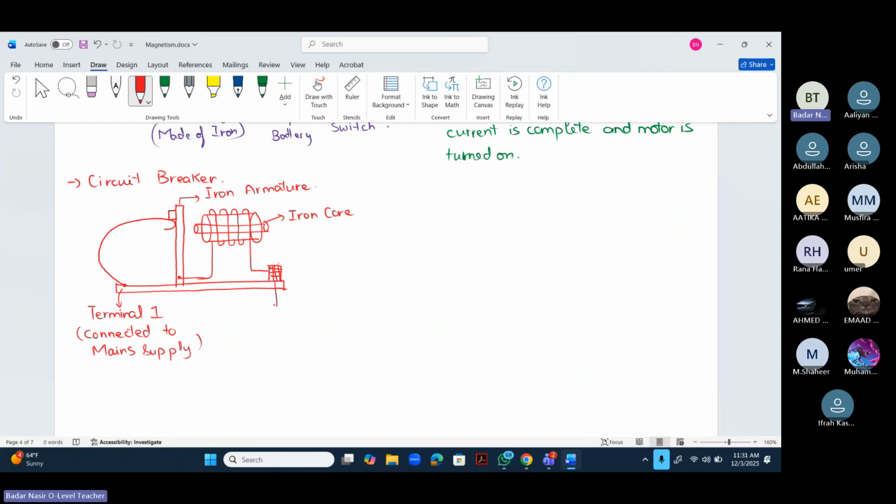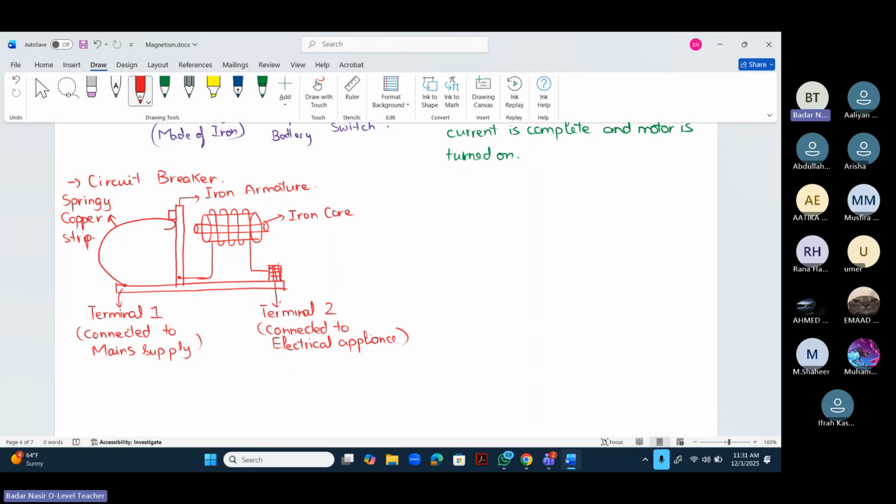Now this is terminal 2. This terminal 2 is connected to the electrical appliance. And this is a springy copper strip.